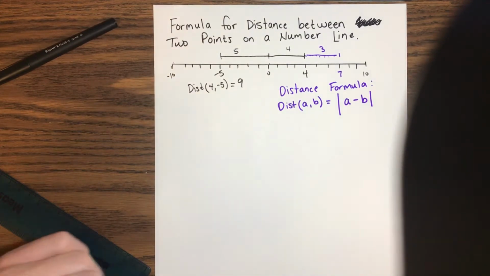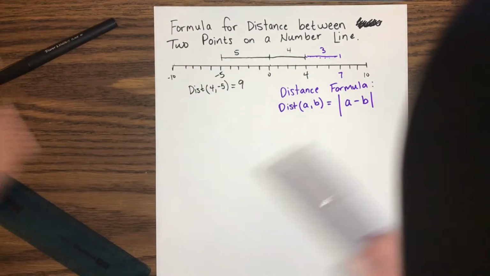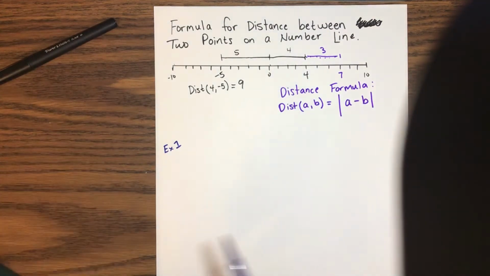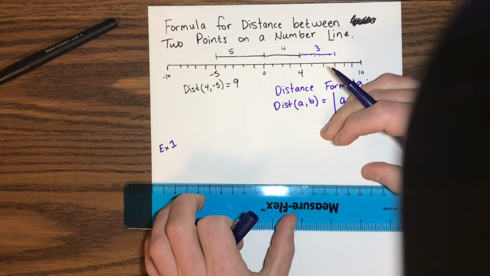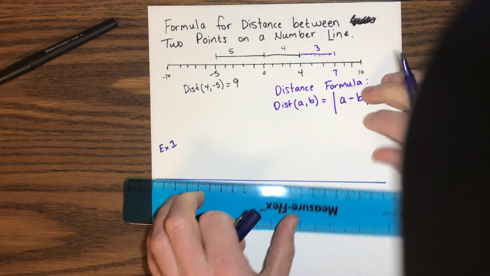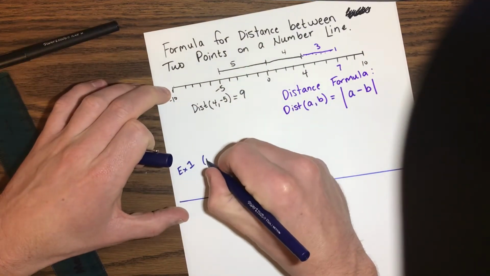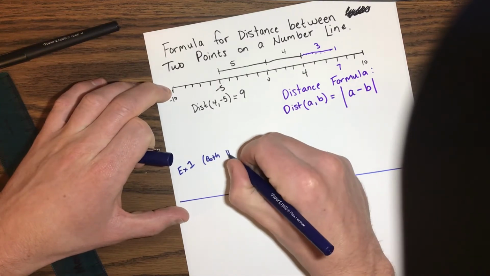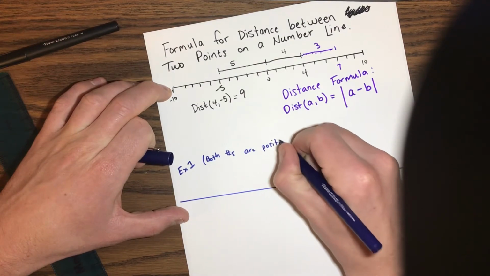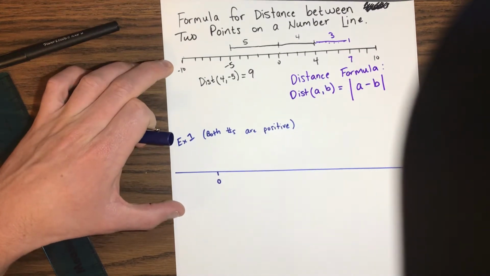So let's go with example 1. This is the first thing you're supposed to write on your worksheet. And so I'm going to use this ruler and just give myself a nice number line. If you don't have a ruler, just make it as straight as you can on your paper. And this example will be when both numbers are positive. This is sort of like the simplest case. And so I'll put my 0 way over here because I'm going to have positive numbers in this example.